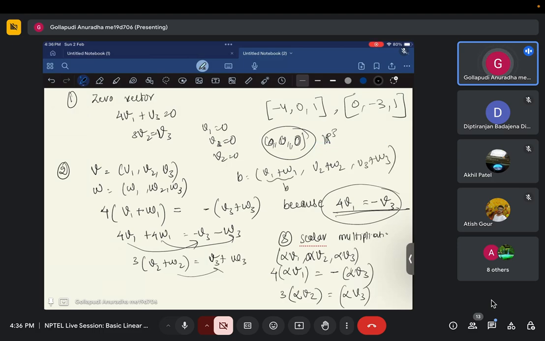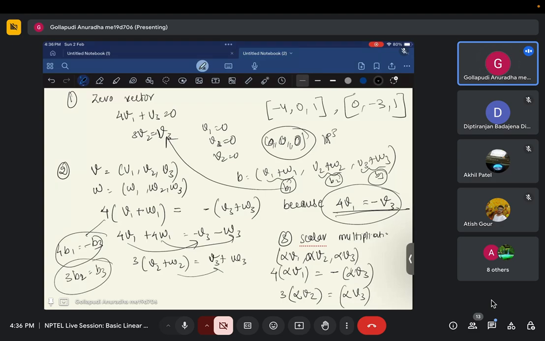So if I am saying this as b1, this as b2, and this as b3, even this b1, b2, b3 should satisfy the constraint. So we checked that 4b1 is equal to minus b3, and also 3b2 is equal to b3. So we checked this constraint and it's satisfied, and also we saw it for the scalar multiplication. So this forms a vector space.